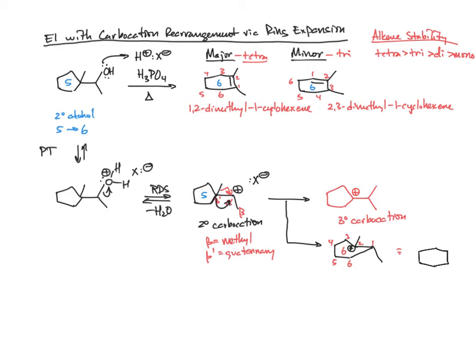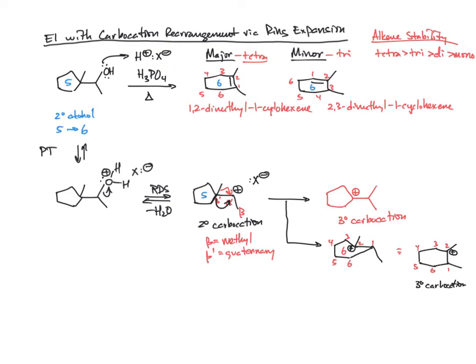Let's go ahead and put our numbers back in. The numbers help us with the substituents because we see that at the 1 position there's a methyl, at the 2 position there's a methyl, but it also has the plus charge. We see that is now a tertiary carbocation.